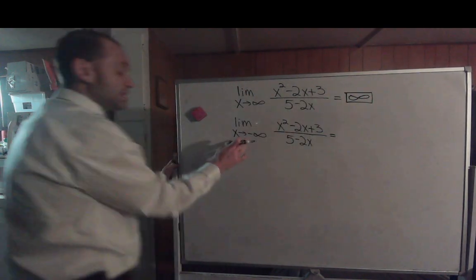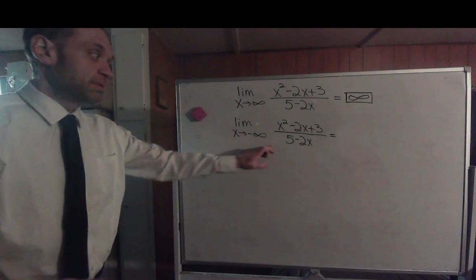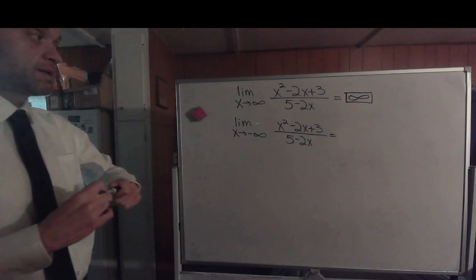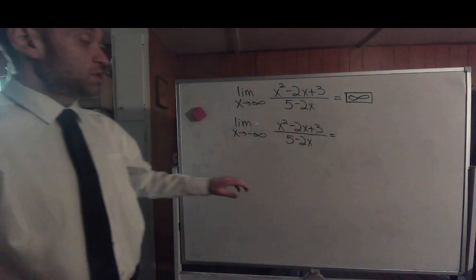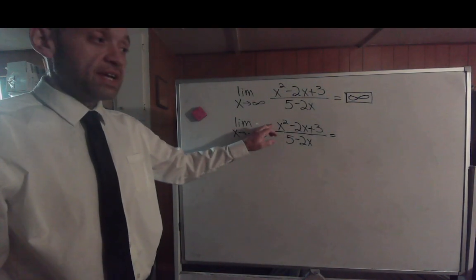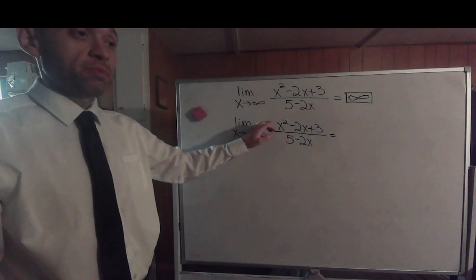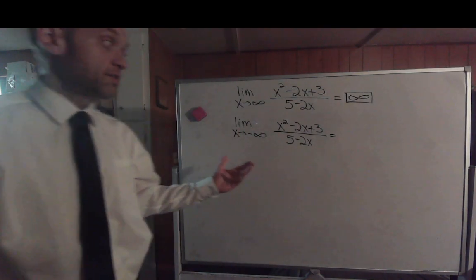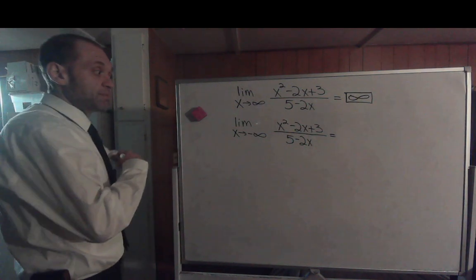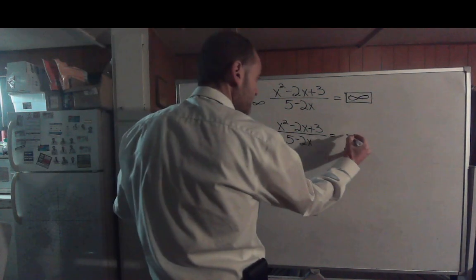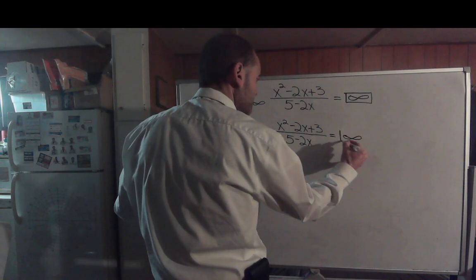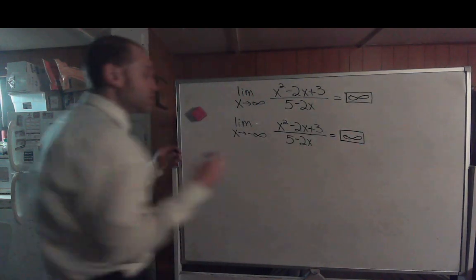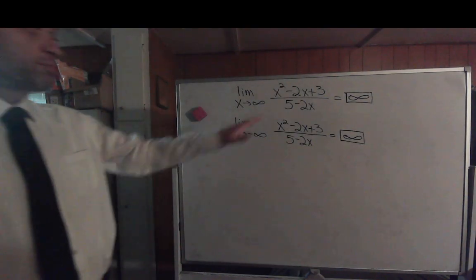Now let's do that same function with the limit approaching negative infinity. Now, of course, if I take any negative number and I raise it to the second power, it's going to be positive. So in this case, my limit as x approaches negative infinity actually ends up being positive infinity. It's all based on your sign and your power.